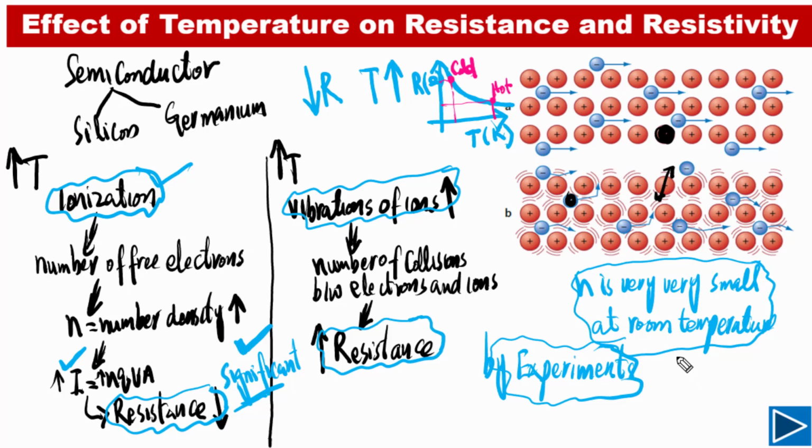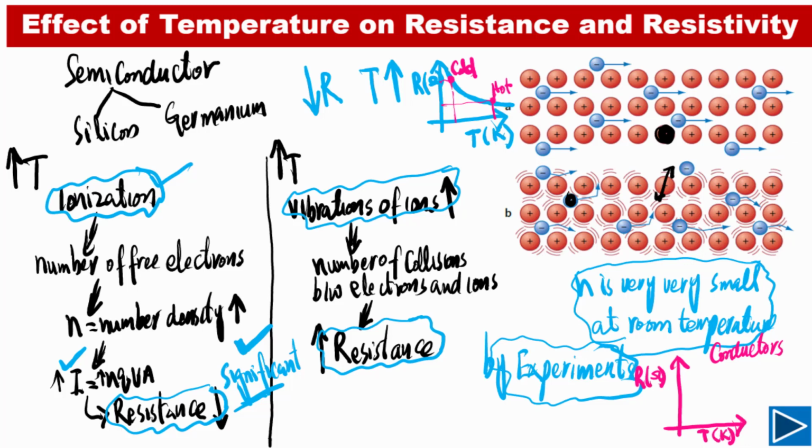Now let me also explain the graph for conductors, so you can compare these two graphs. Again on the y-axis we have resistance, on the x-axis we have temperature in Kelvin.